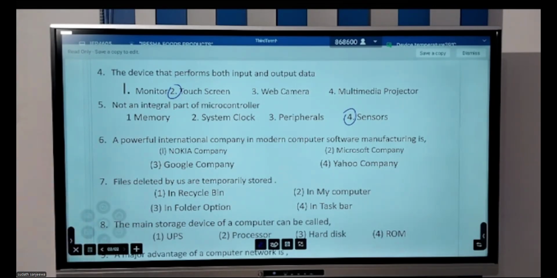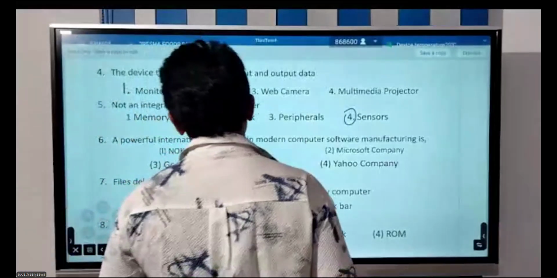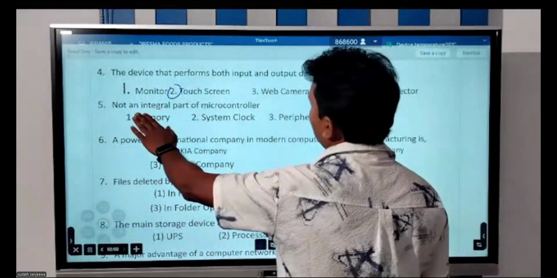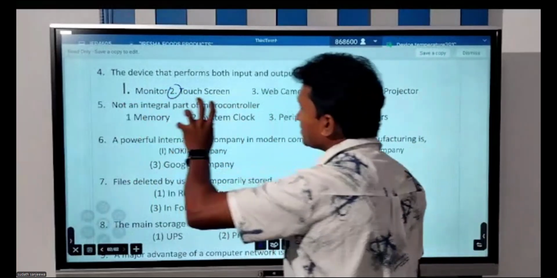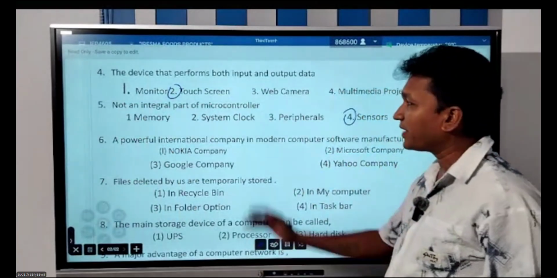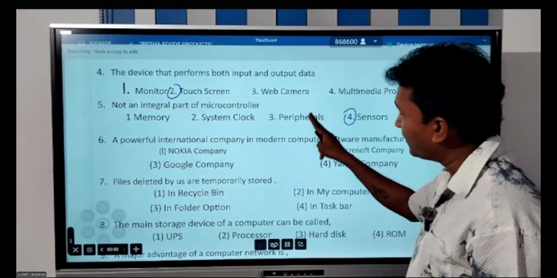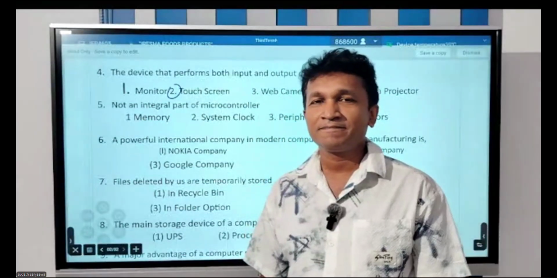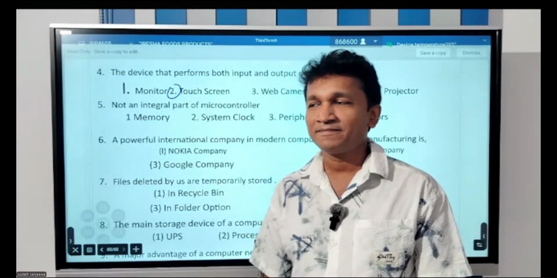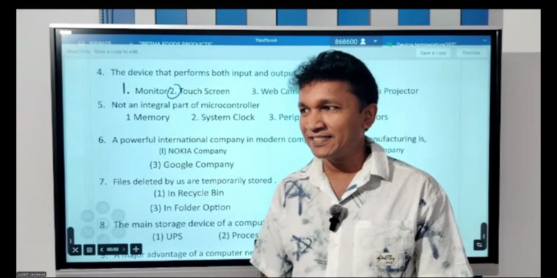We call them peripherals, right? When we consider the components of a microcontroller, memory is there, system clock is there, peripherals are there. One is missing. What? Another one is there. What is that?